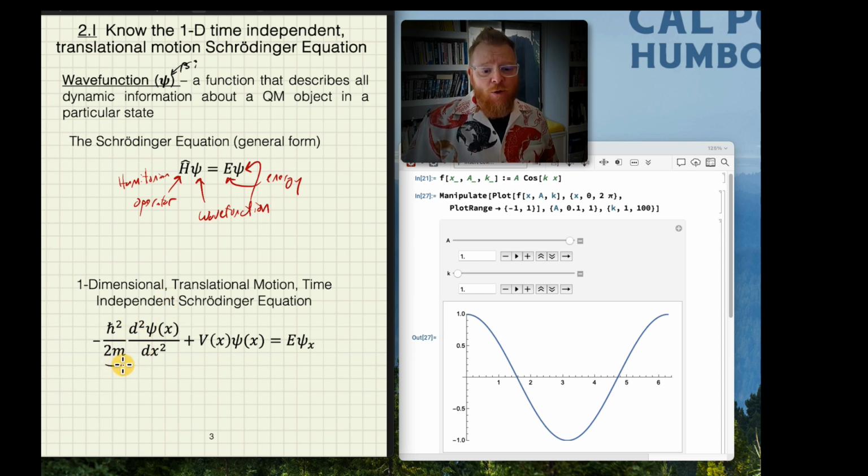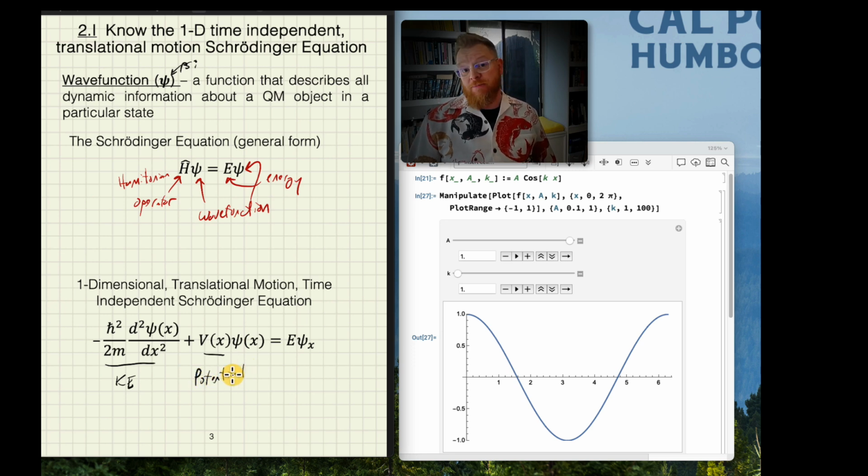As it were, this chunk describes the kinetic energy. And now that's plus V of x times psi of x, where this V of x represents our potential energy. So we have the kinetic plus the potential. And then all of that equals the now total energy of the system times psi of x.